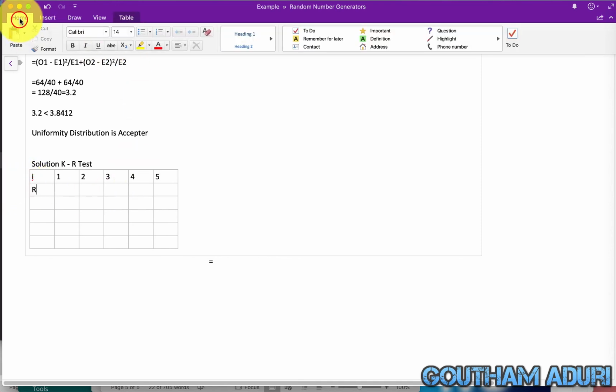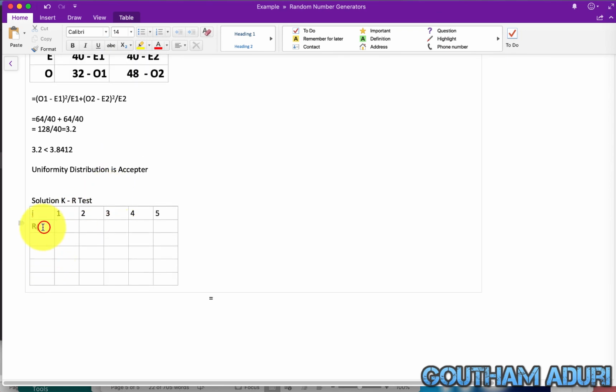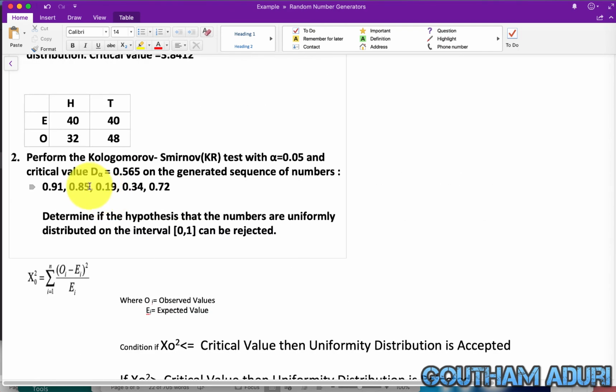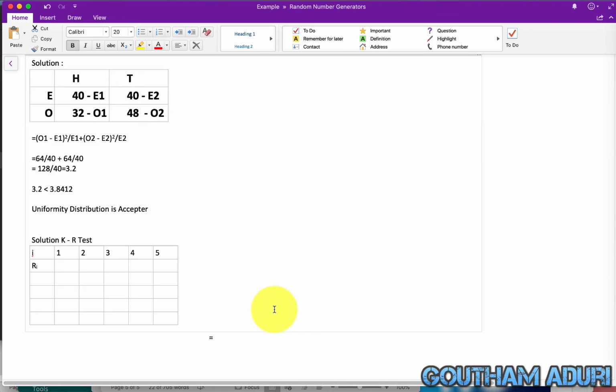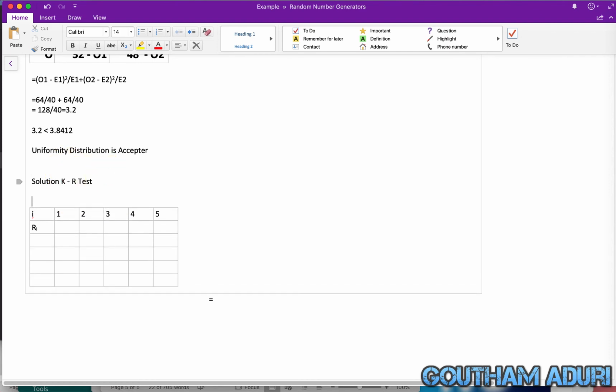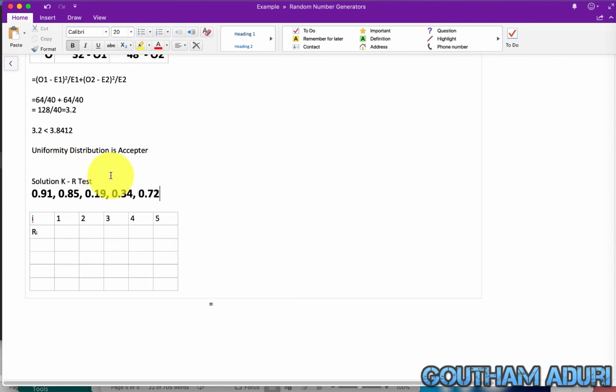Ri is nothing but, I have to arrange the random numbers R1, R2, R3, R4. So R1 is nothing but the lowest number of this set.